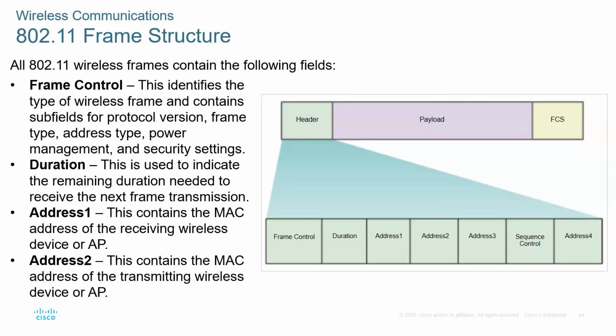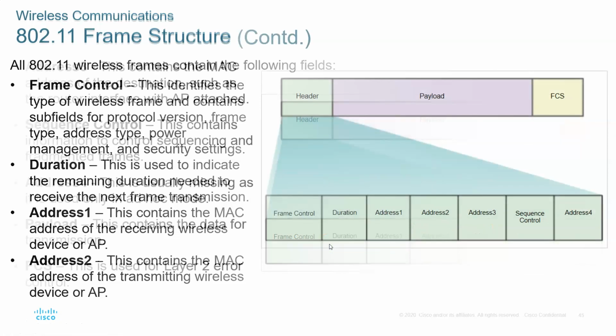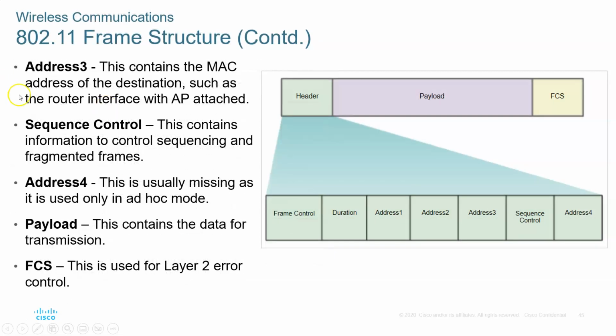Okay, the frame of the 802.11 is a little bit longer, so there are a lot of addresses. This is the MAC address of the receiving wireless device. This is the access point address. This is the source MAC address, and address 3 is the MAC address of the destination, right?